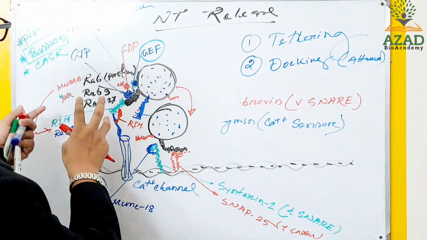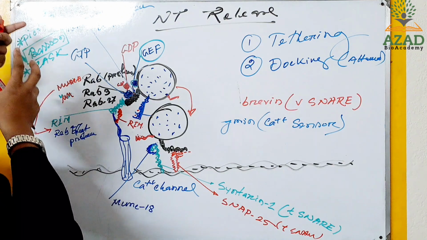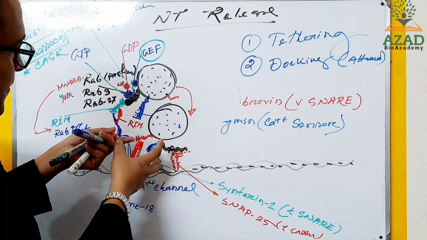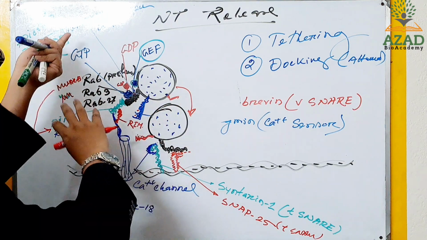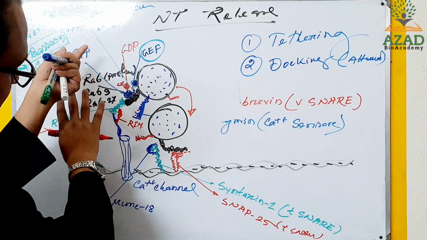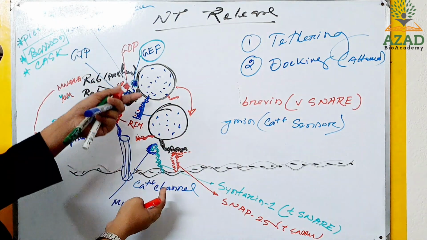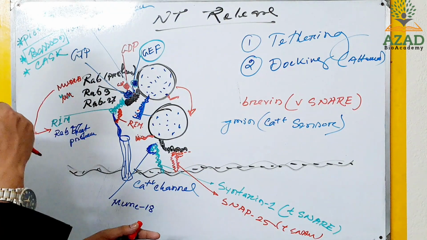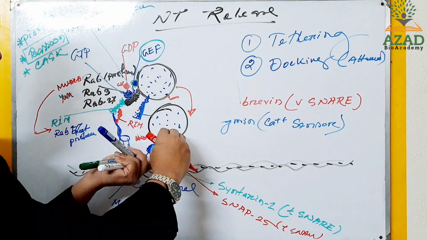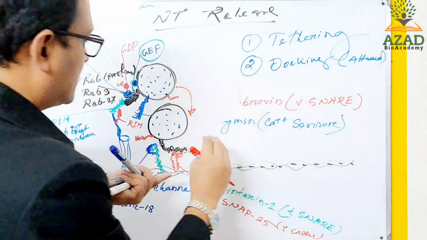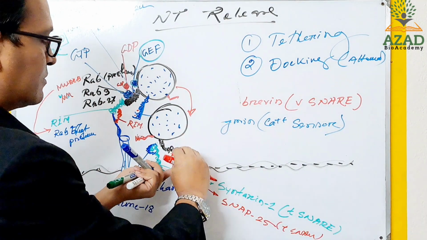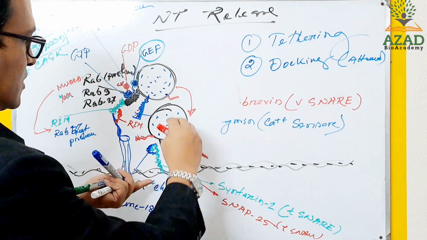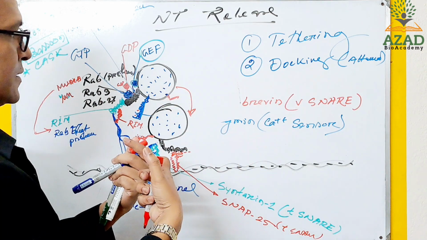That means the Bassoon protein and Piccolo protein and other Munc proteins will contribute there, and they will change the conformation, or the position of the vesicle, and it will come close towards the membrane, and the V-SNARE and T-SNARE will come very close to each other. Okay, but not directly attached like cross-linking.